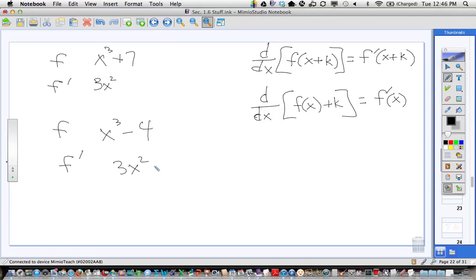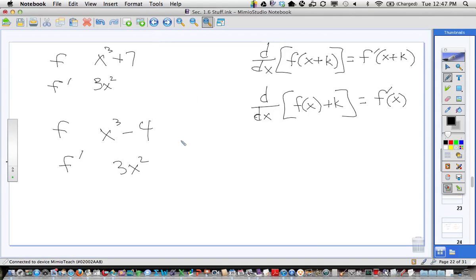We could start it anywhere because there was a bunch of them. So if you have a single f prime, there could be an infinite number of f's that go with it, but they are all the same except for a vertical shift. So this kind of shows that. Same f prime, two different f's, but the only difference between them is the vertical shift. Okay, that's something we'll get into when we get into antiderivatives and we kind of go backwards with this stuff.